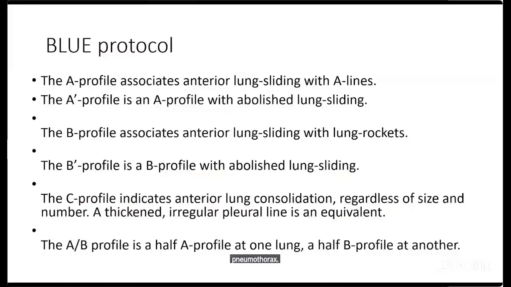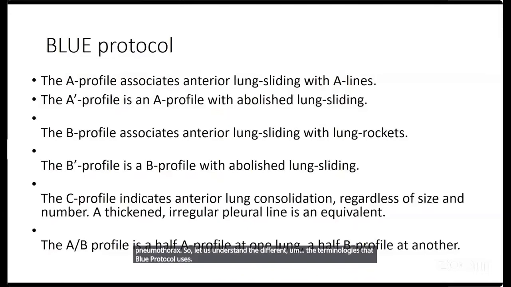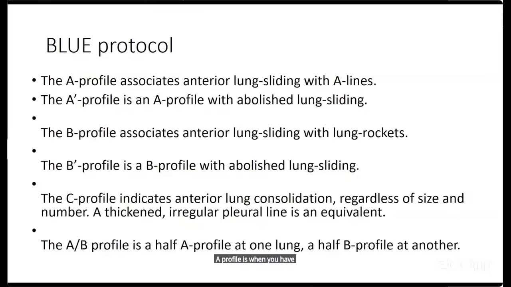So let us understand the different terminologies that the BLUE protocol uses. A profile is when you have lung sliding with A lines. A dash profile is when you have an A profile with abolished lung sliding. B profile is when you have lung sliding along with lung rockets.